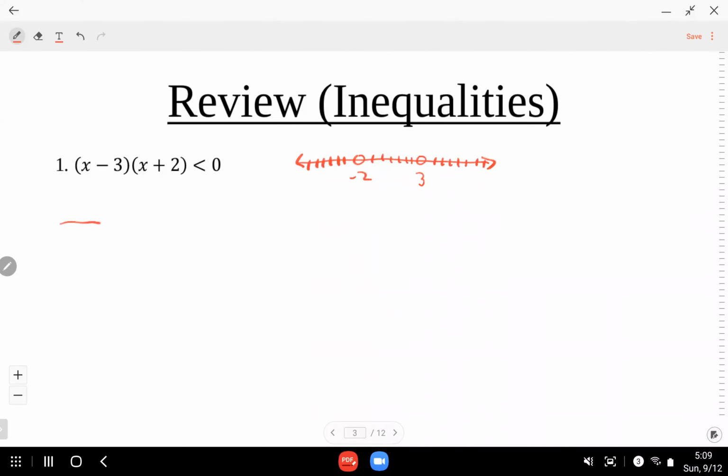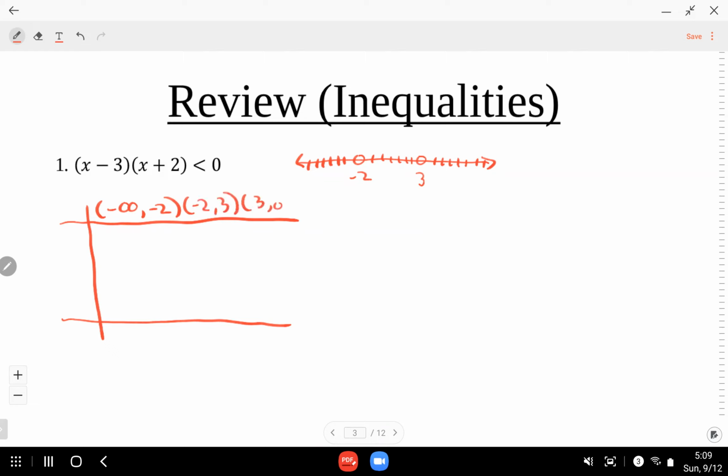So using our sign chart, let's solve this problem. What you need to do is write your intervals on the top, and then you write your factors on the side. You're going to figure out when x is positive and negative, because when you multiply these factors together, they need to be less than 0, and you'll understand later once we do this.